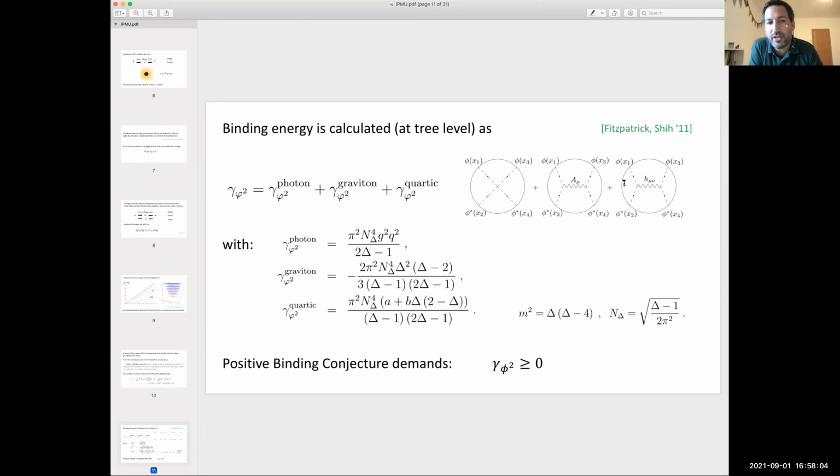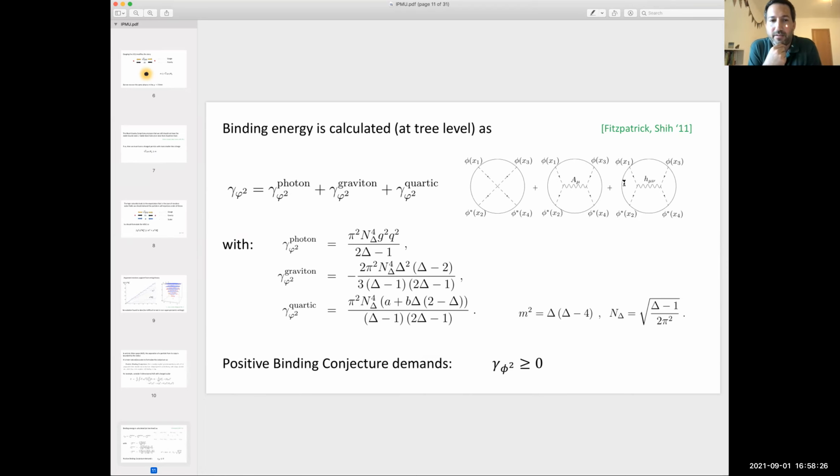The positive binding conjecture says that the sum of these things should be positive. And here I've rewritten things by exchanging the mass of the particle for the dimension of the dual operator, which already suggests that there is a very natural conformal field theory dual to this statement.